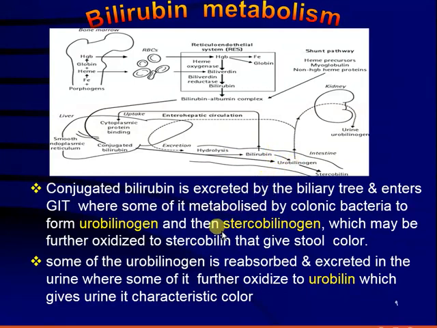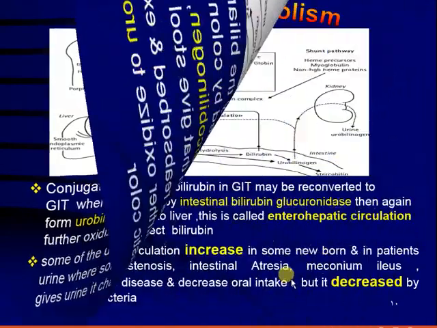That's why in obstructive or cholestatic jaundice, a colic stool may appear because there is no stercobilinogen or stercobilin. Some of the urobilinogen will be reabsorbed, reach the kidney and be excreted in the urine, where some of it is further oxidized to urobilin, which gives its characteristic urine color.